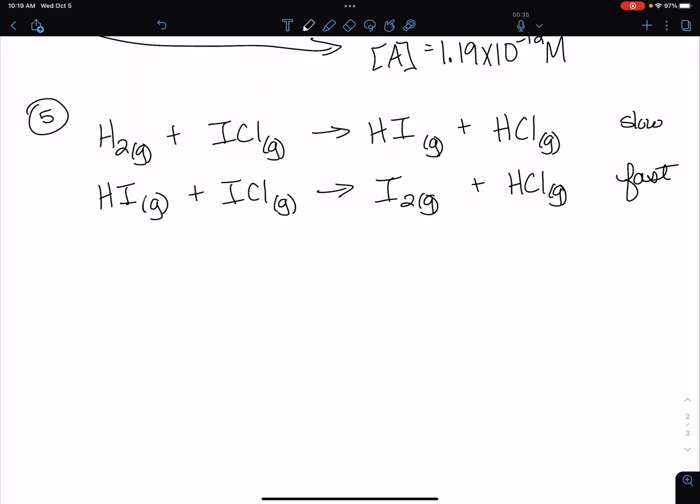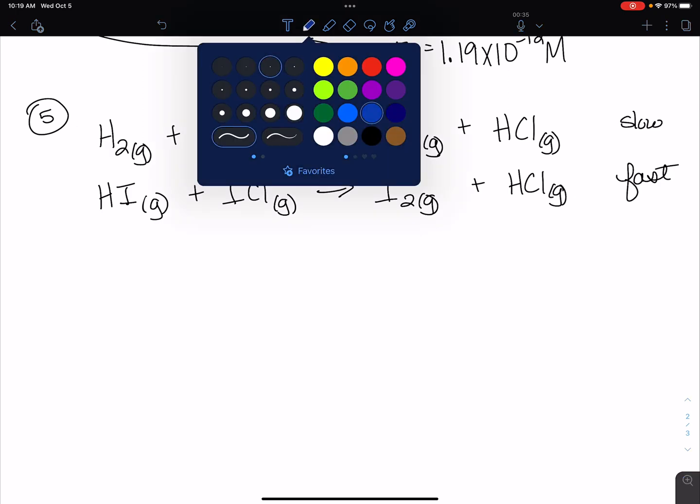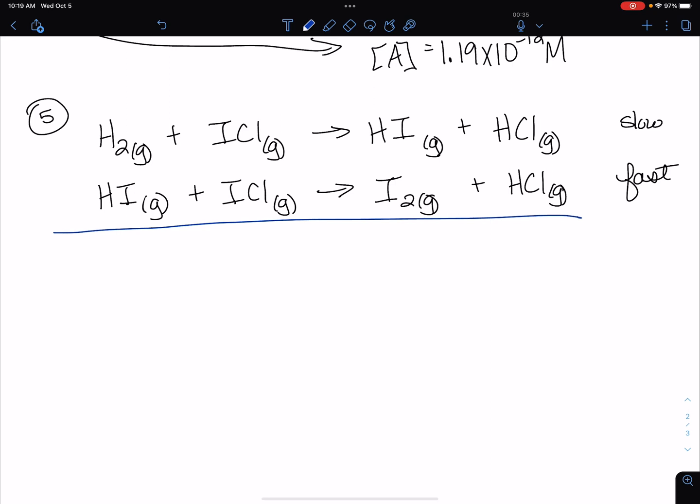So we need to write a balanced equation. That's A. To write the balanced equation, I'm just going to add these two together, recognizing that the HI, since they're on opposite sides, will cancel. That's all that cancels.